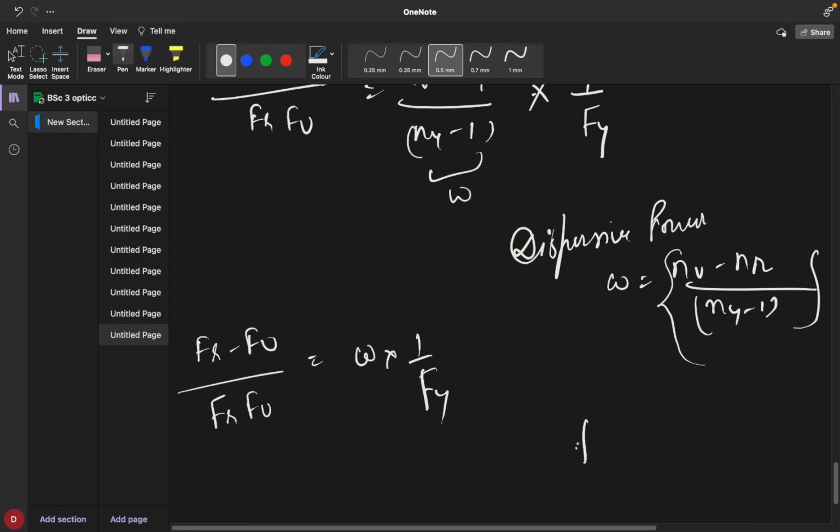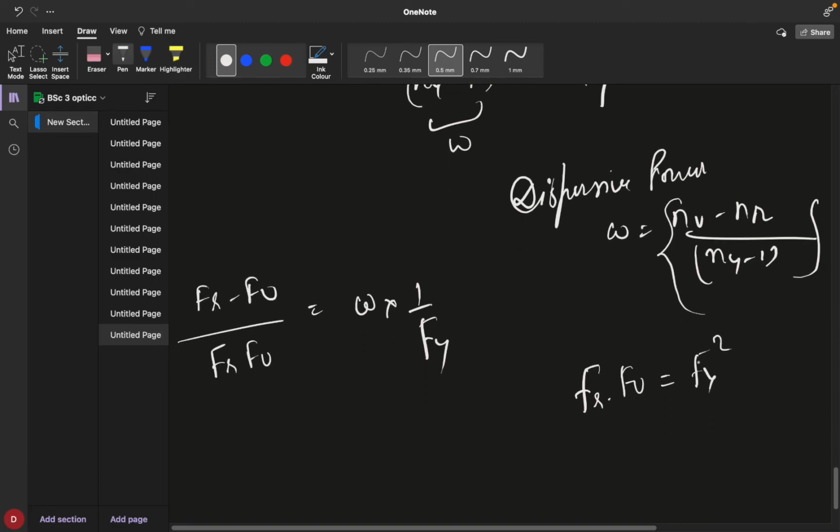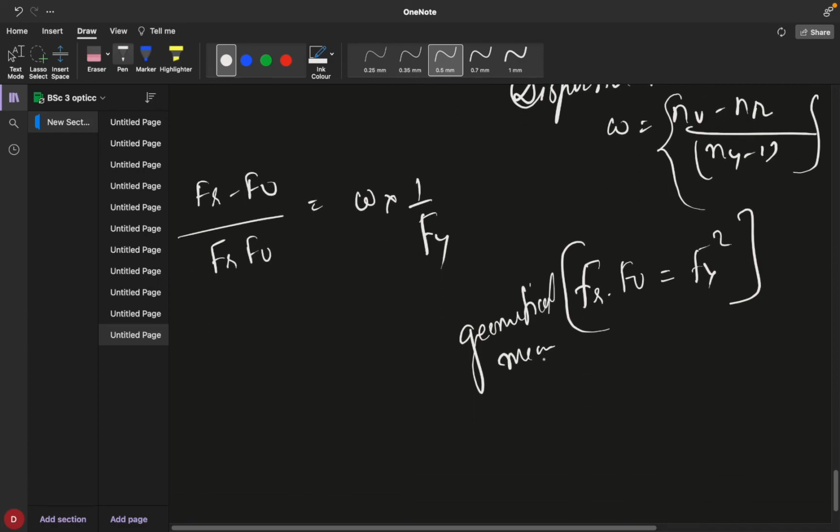So Fr Fv multiplied by Fy square. How did I write this? Just from the geometrical mean. Fy can be written as root of Fr Fv.